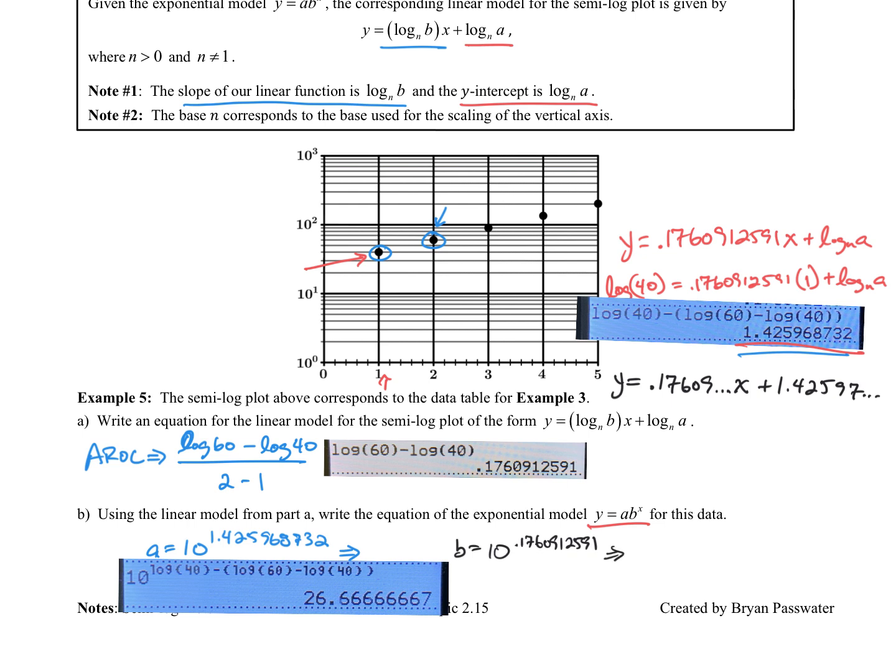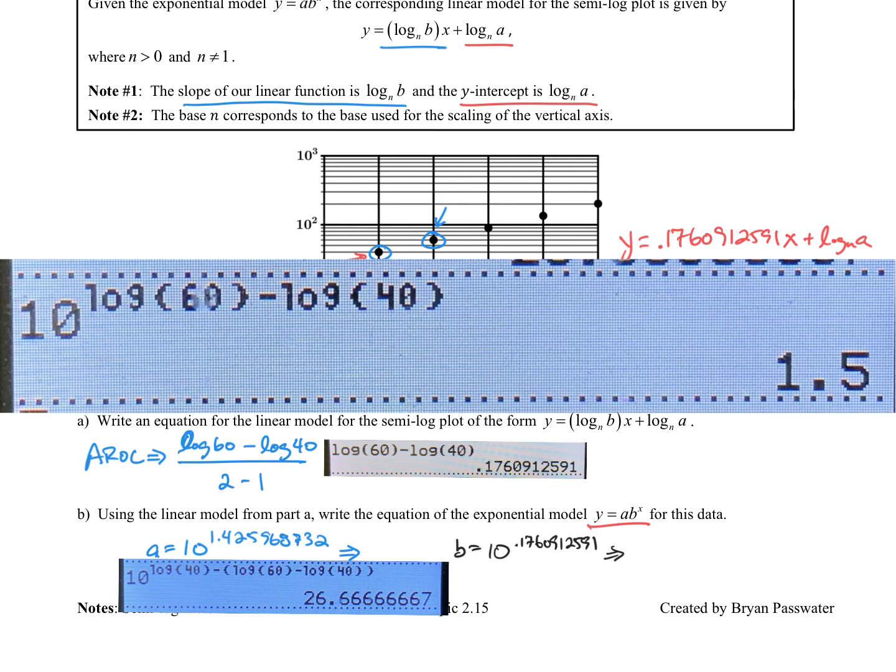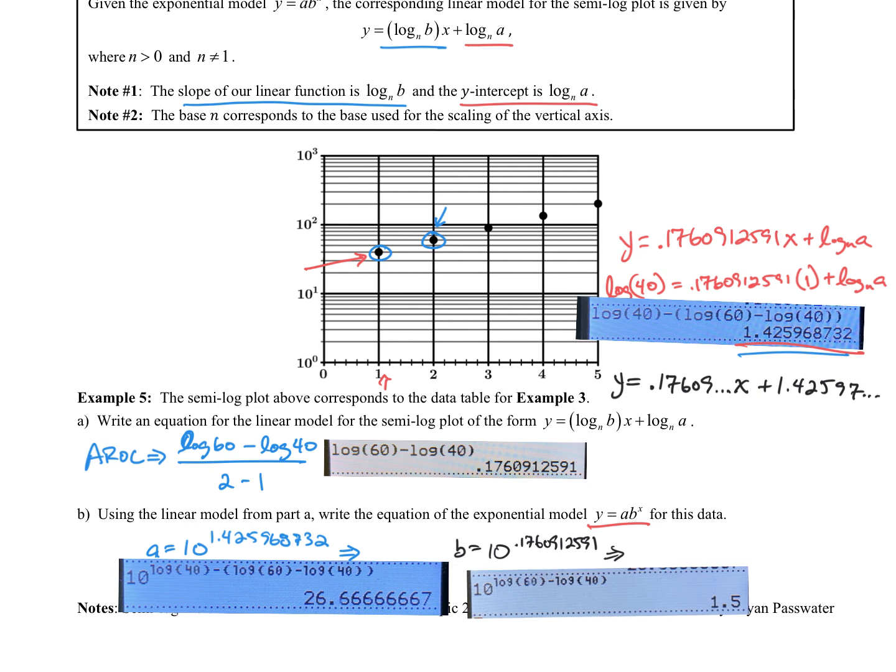So I'm going to just say 10 to the power of, and then I'm going to grab my B, which is that one, and then I'm going to press enter. And so now I have B equals 1.5. All right. So now my equation will end up being y equals 26.6 repeating times 1.5 to the power of x.